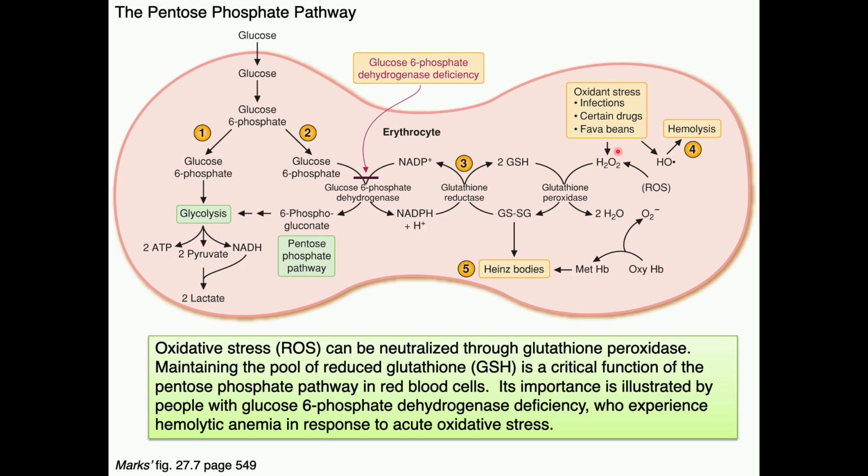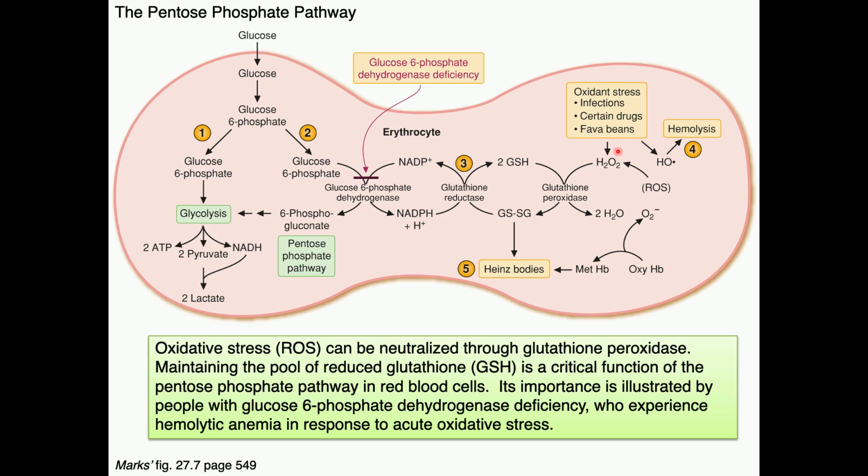So you get a generation of hydroxyl radical, which can cause peroxidation and damage to membrane lipids in the red blood cell and lead to hemolysis.